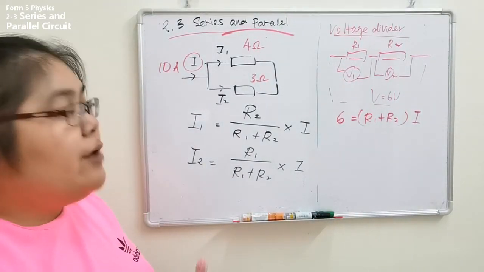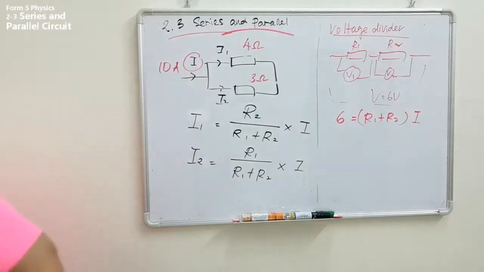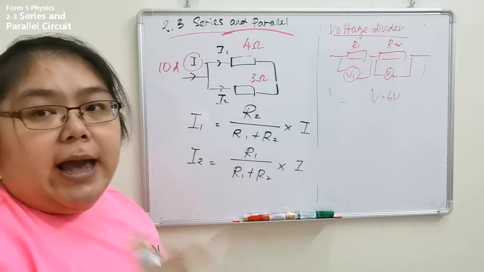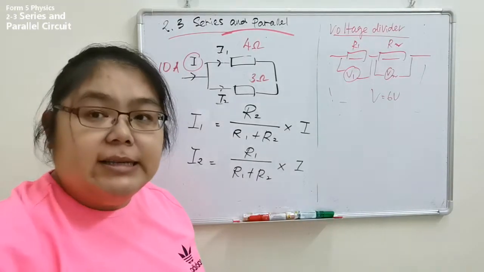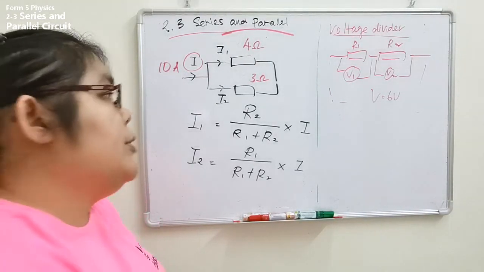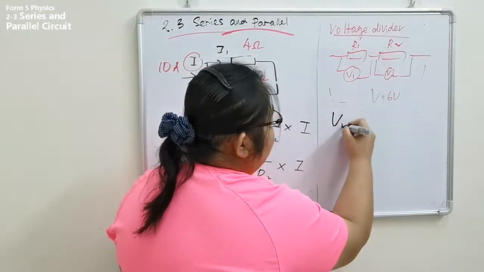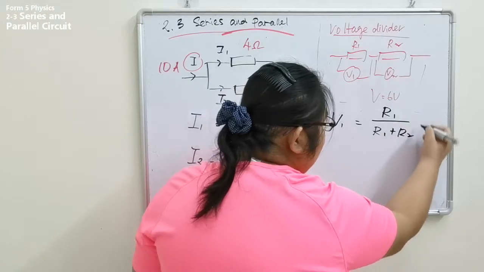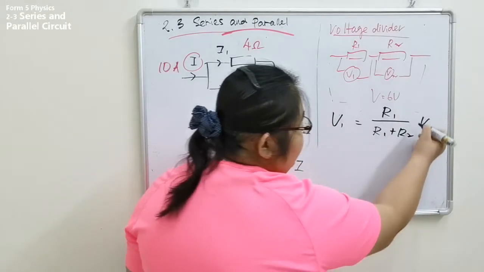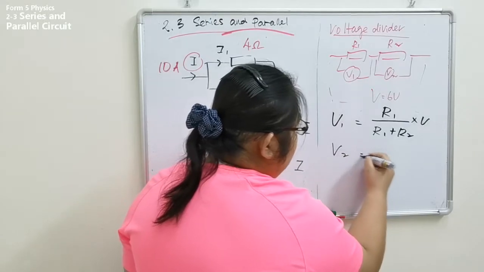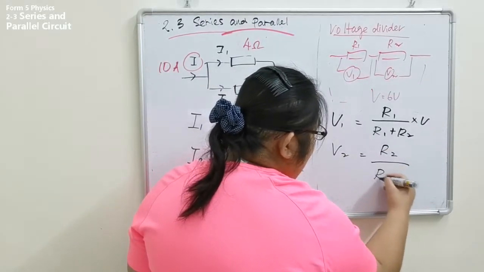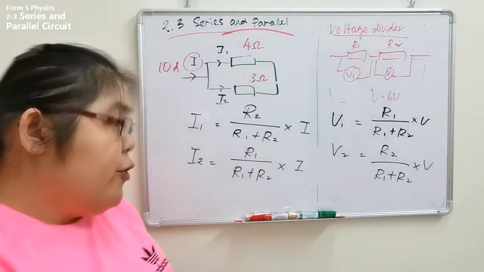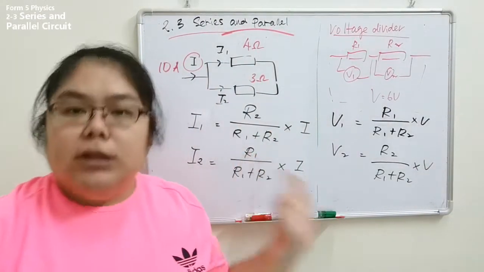Now we go to the short method, following the formula here. Because V and R are directly proportional when the current is constant, we can straightforwardly write V1 equals R1 over R1 plus R2 multiplied by the total V. V2 is R2 over R1 plus R2 multiplied by the V. This is the formula for the voltage divider.